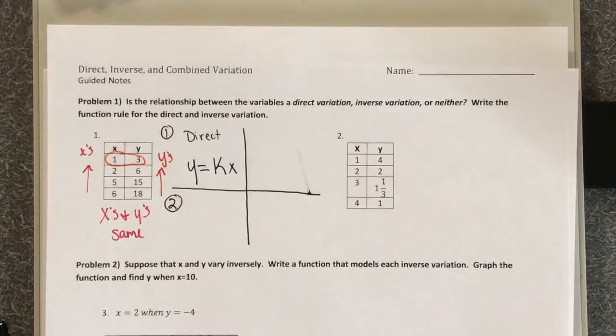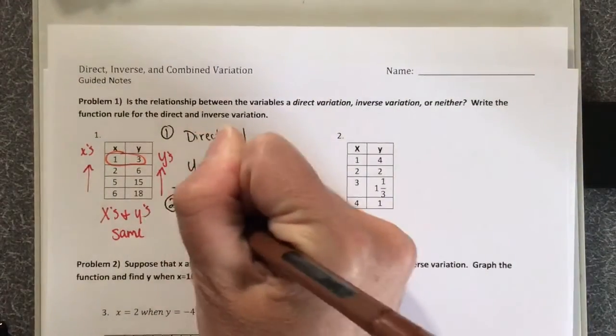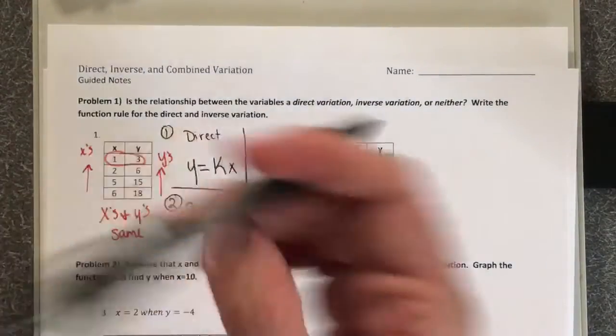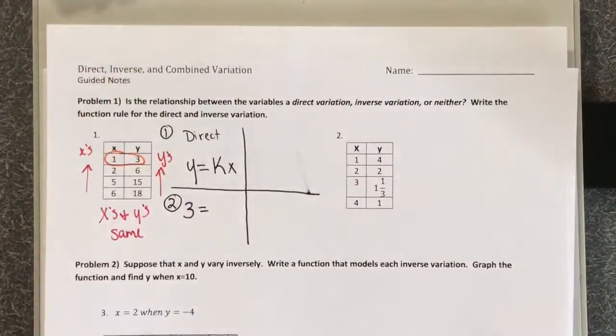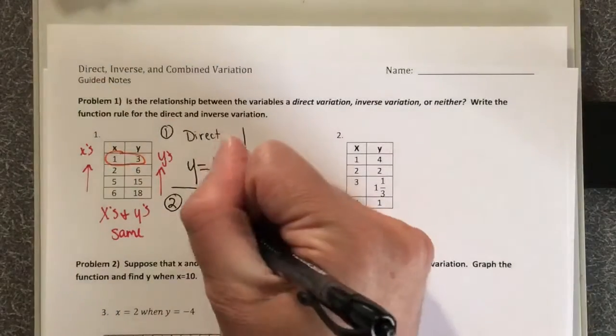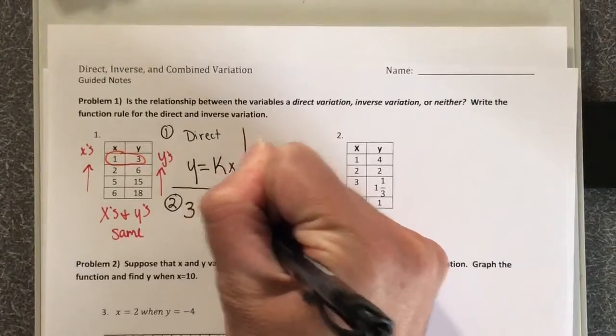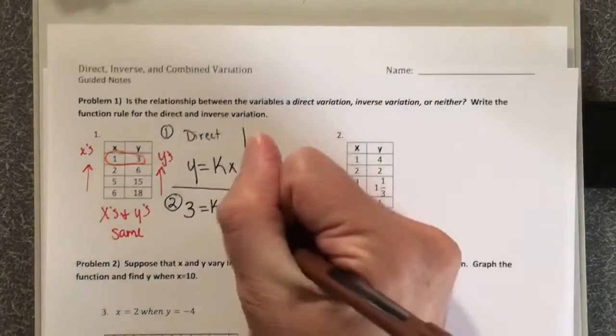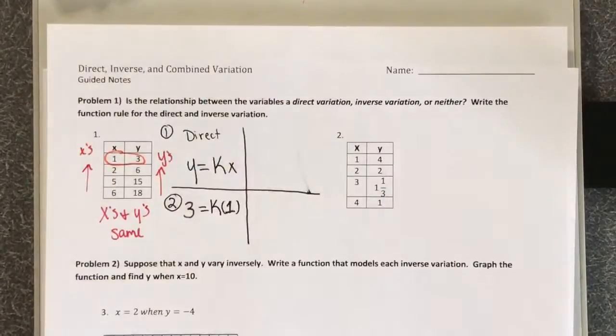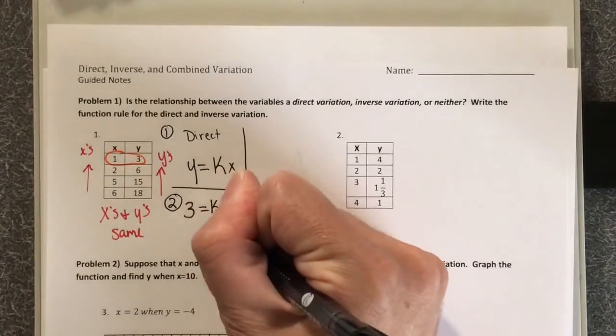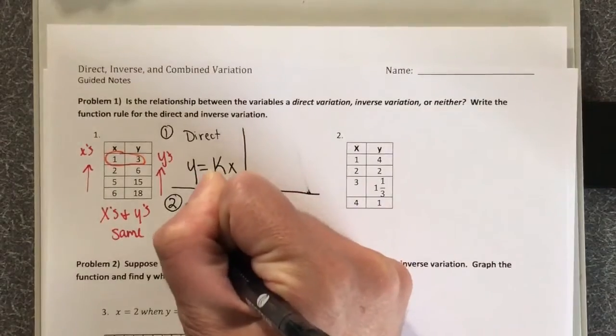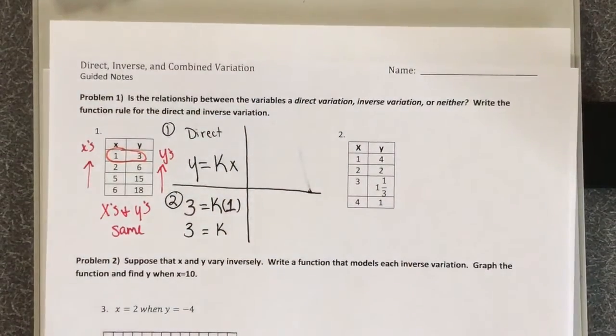So I'm going to replace my y with 3 and my x with 1, and simplify. 1 times k is k, so k is equal to 3. Okay, so that's step 2. We found k.